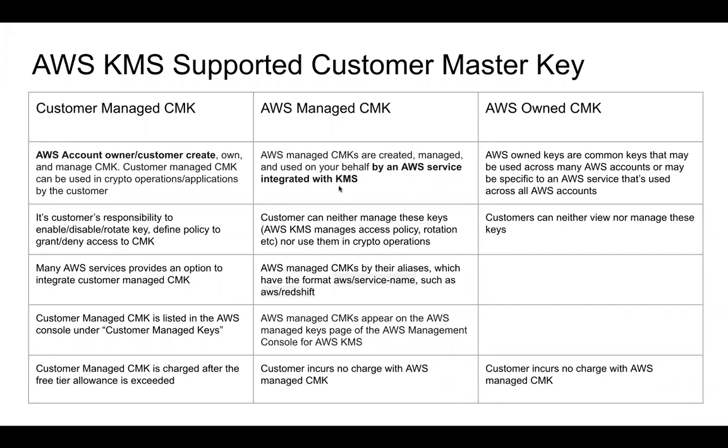And the way to differentiate is that the CMKs managed by AWS will have the AWS service name preprinted to the key. Such as, if it's AWS S3 that you're dealing with and asking for KMS service, the key created by the AWS infrastructure would have AWS/S3. In this case, I think Redshift is being shown here.